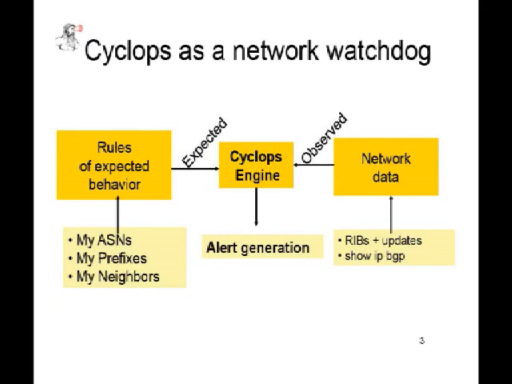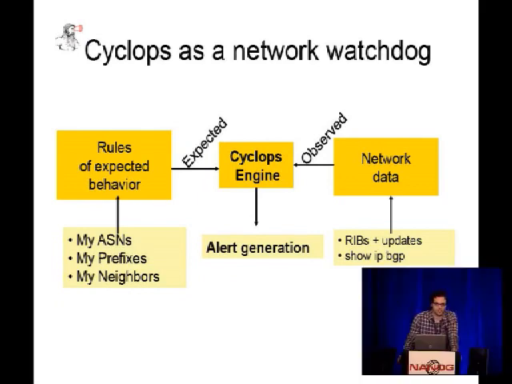So the basic architecture of the tool is that on the left side you have the rules of expected behavior. This is information that is input by the user, and it includes the set of ASs that your network owns, the set of prefixes, and the set of AS neighbors.